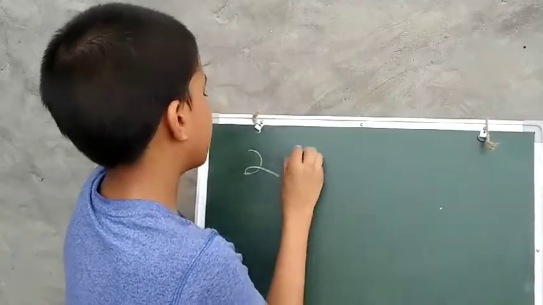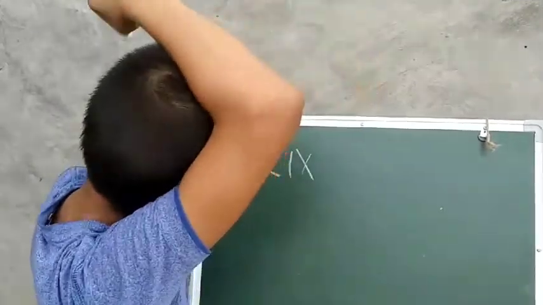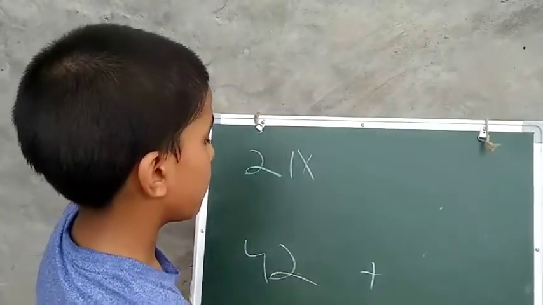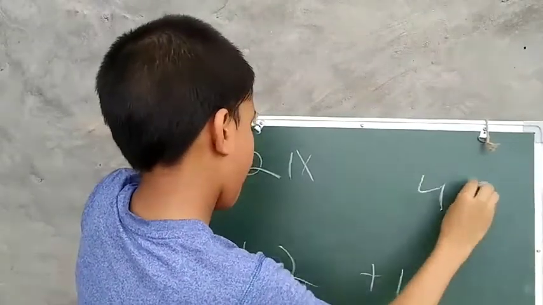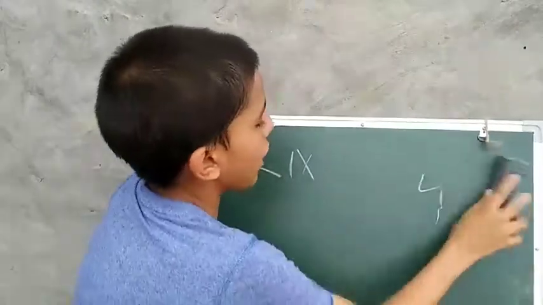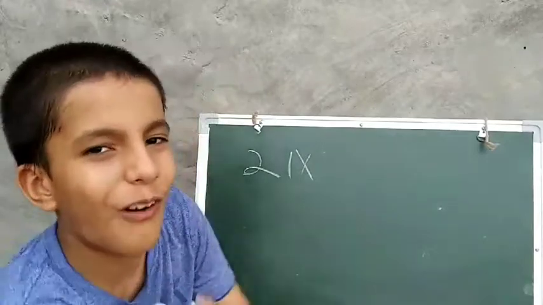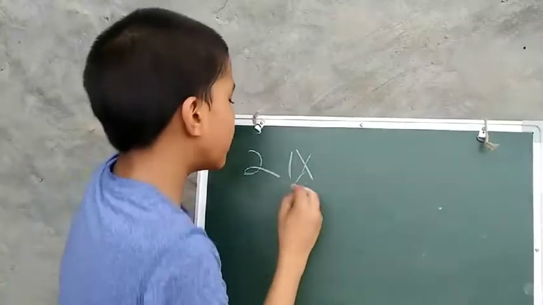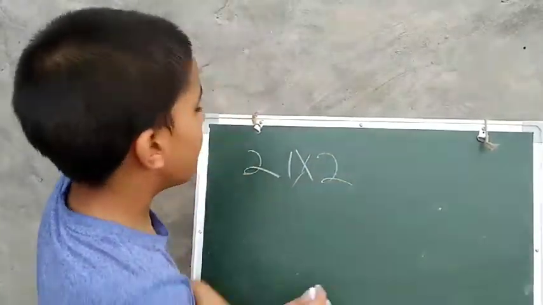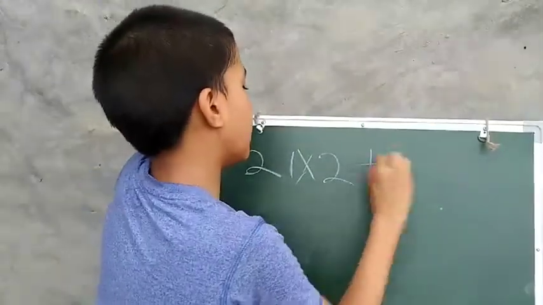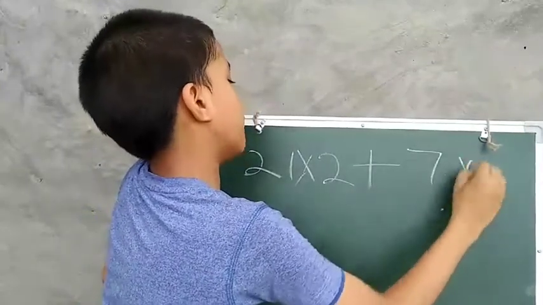You can do it like this: 21 multiplied by 2, meaning there are 2 sides, one is here, and plus 7 multiplied by 2.